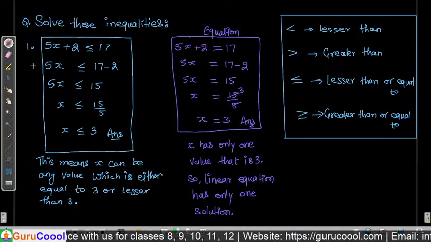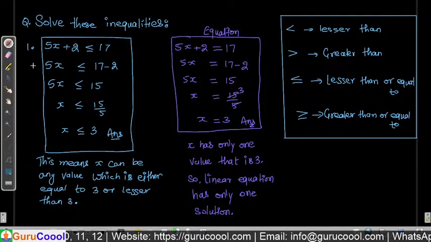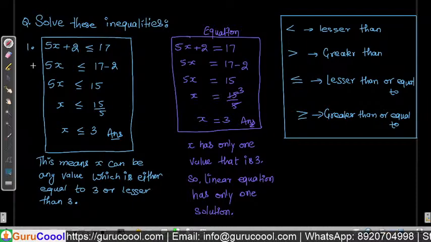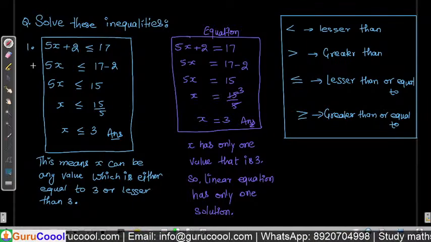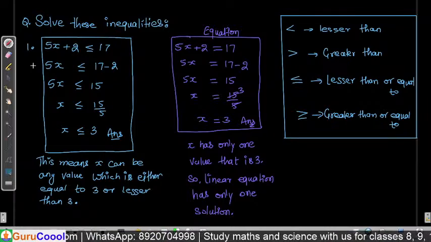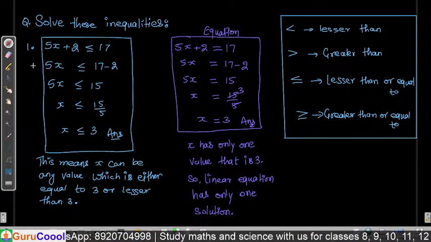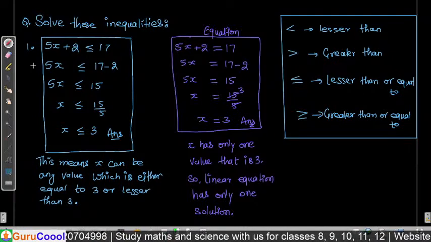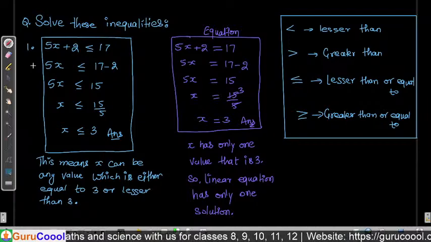It can be 1 or 2 also, right? Can it be 1.5? Can it be 1.2? 1.7? 1.57? 1.577? 1.275? 0.5? 4? 4 is not lesser than 3, right? So 4 is not possible.